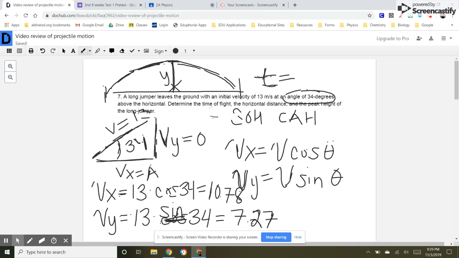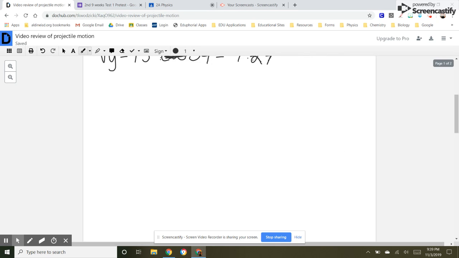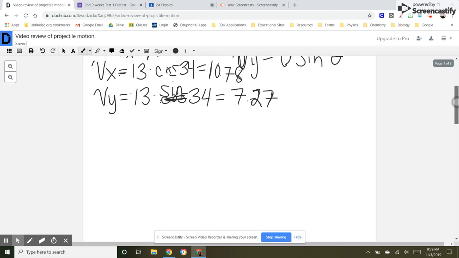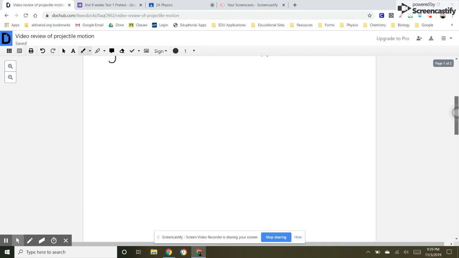Okay, so now from those components, let's use them to help us determine the time, the horizontal distance, and the peak height. So I'm going to start with peak height because that seems to be the part that we struggle the most on.